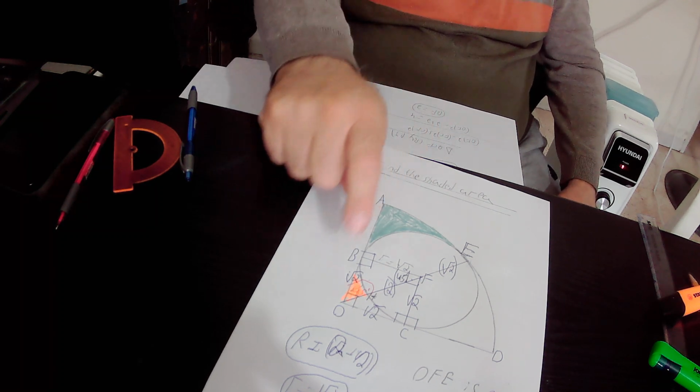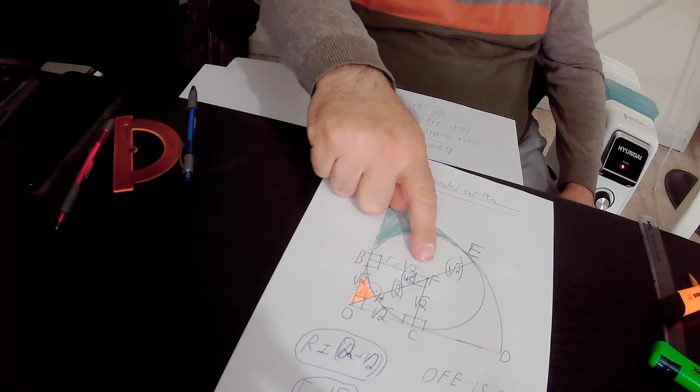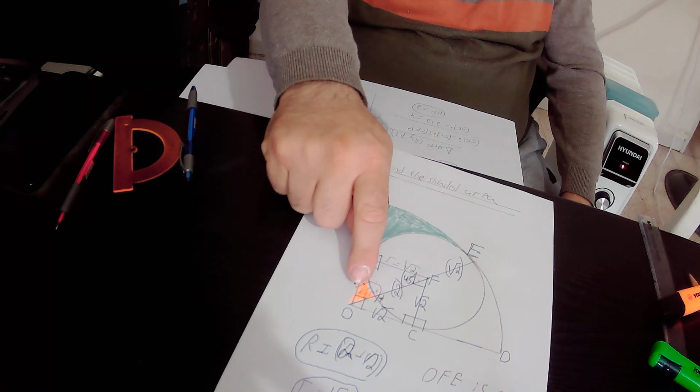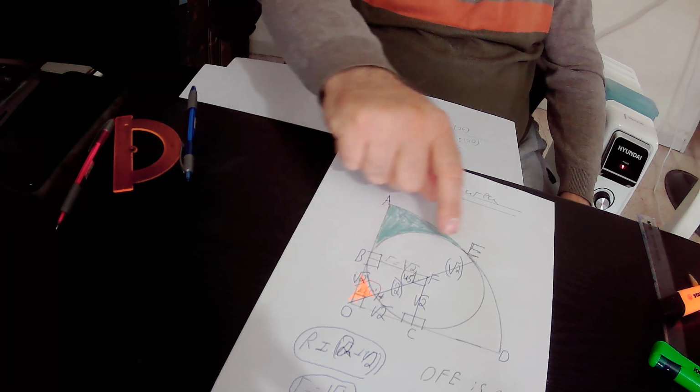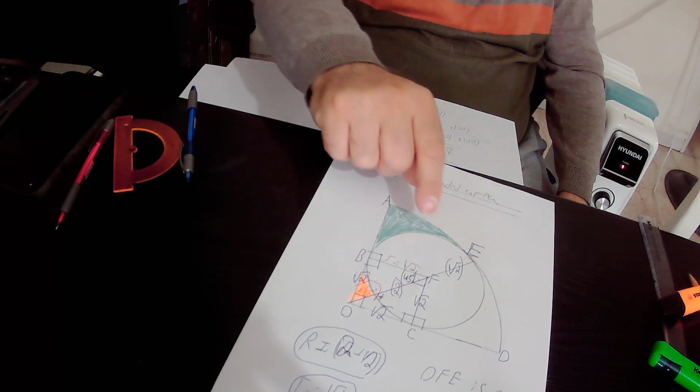So here the center of the quarter circle is at point O, the center of this circle is at point F. So according to rule 9, the straight line OF that connects the centers together must pass through point E, that is their touching point, so OFE is one straight line.